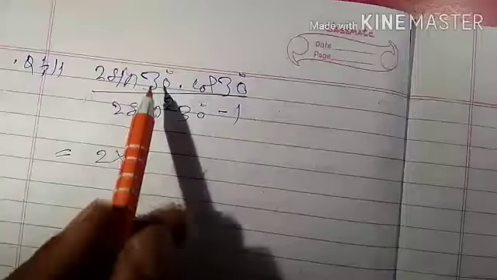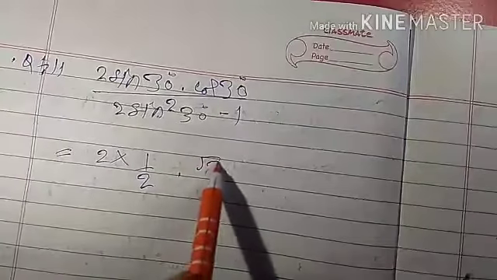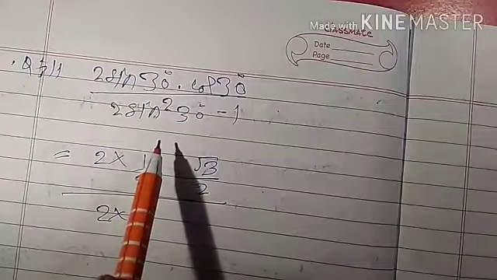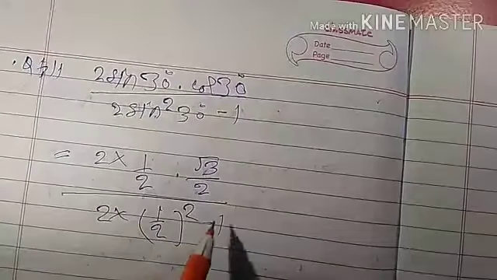2 into sin 30 degree is equal to 1 by 2, into cos 30 degree is equal to square root 3 by 2, divided by 2 into (sin 30 degree is equal to 1 by 2) to the whole square minus 1.